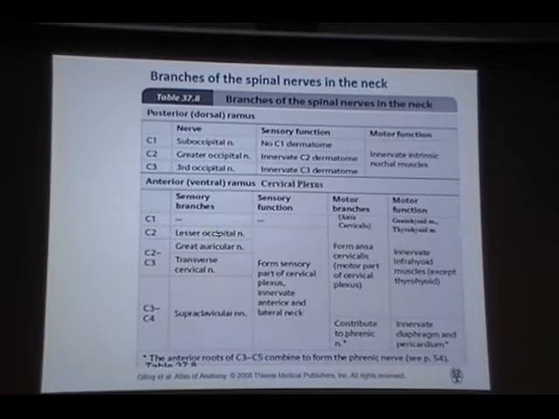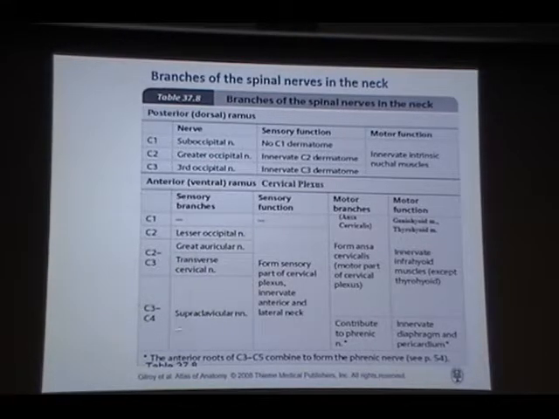So we have C2, lesser occipital, great auricular, okay, both have C2 components. C3, we start to pick up transverse cervical nerve in here as far as sensory branches. And then C3 and C4 with these supraclavicular nerves, okay? So they form the sensory portion of the cervical plexus.